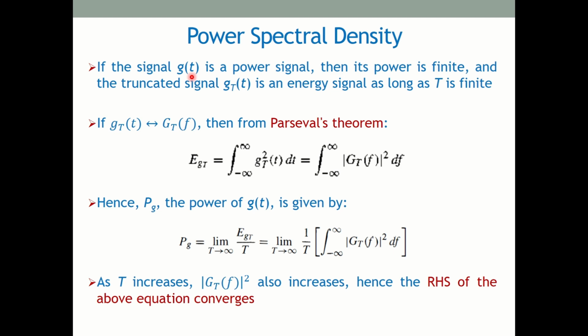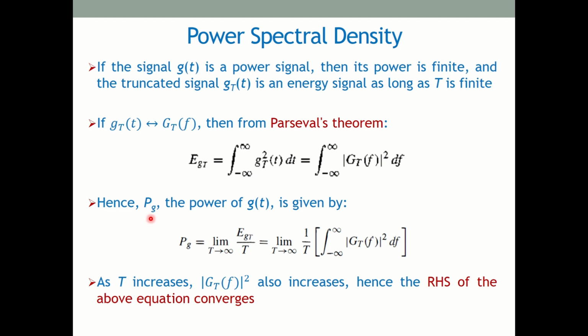If the Fourier transform of the truncated signal is G_T(f), then from Parseval's relation we know that the energy can be found through the time domain expression, or in the frequency domain by considering this expression, where we now have the integral with respect to frequency.